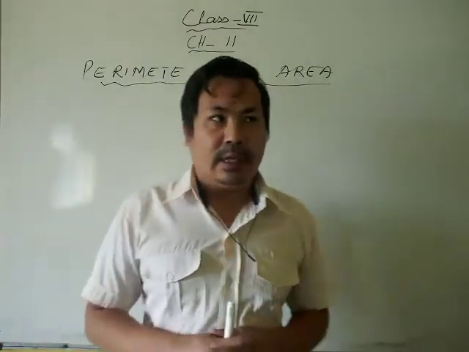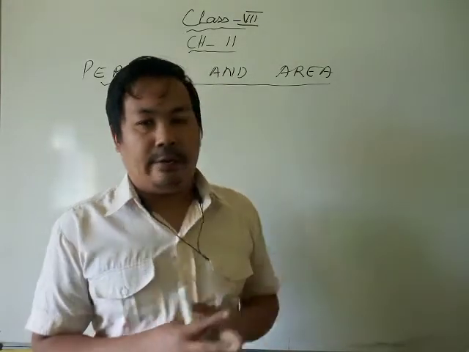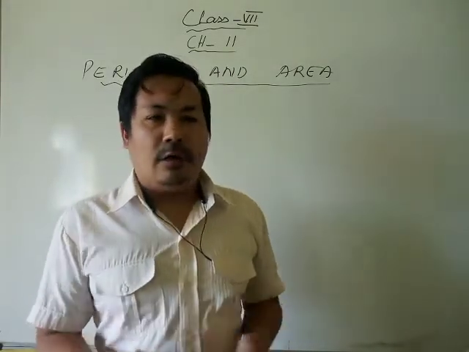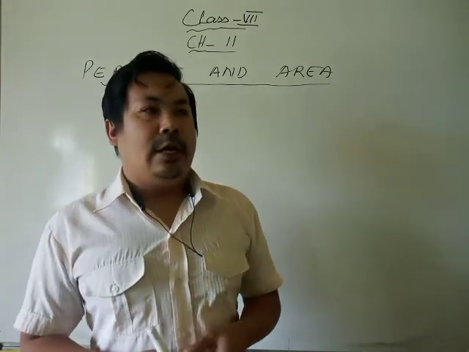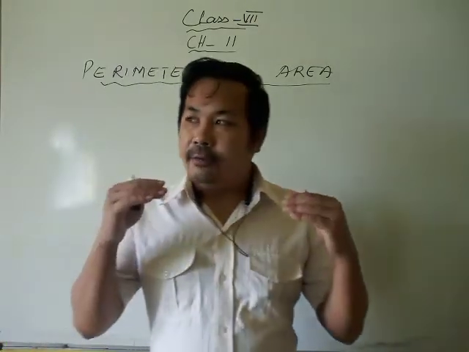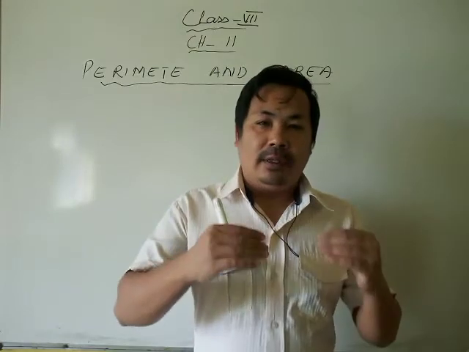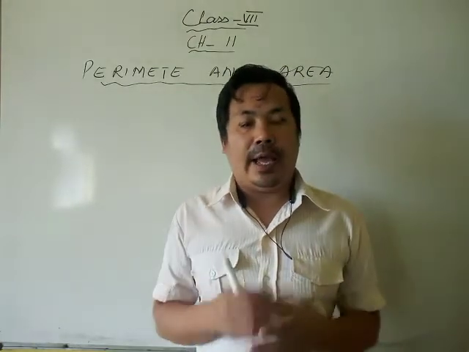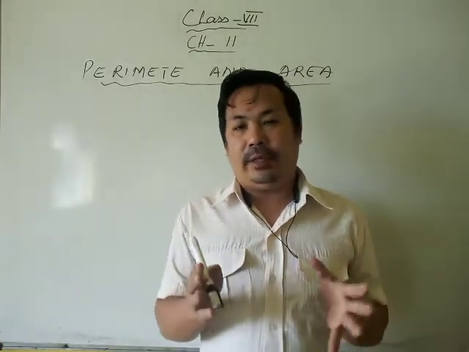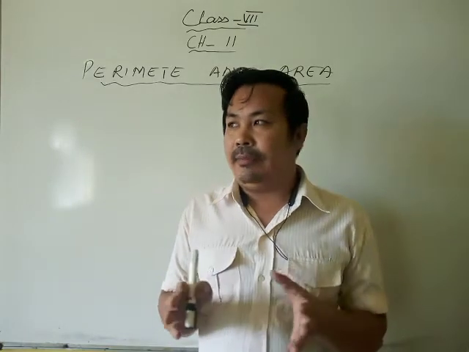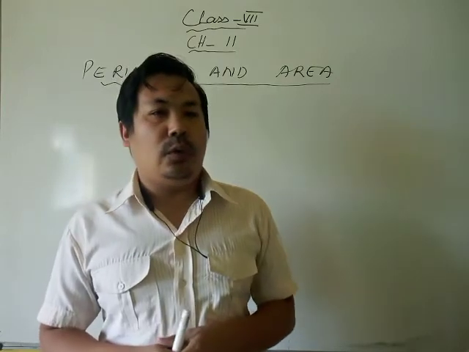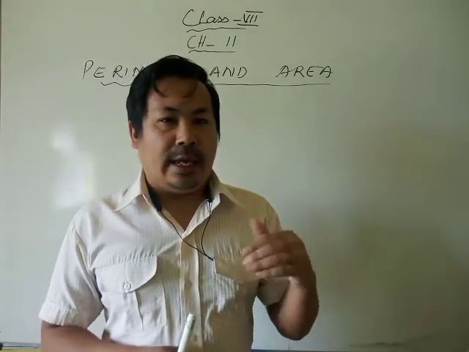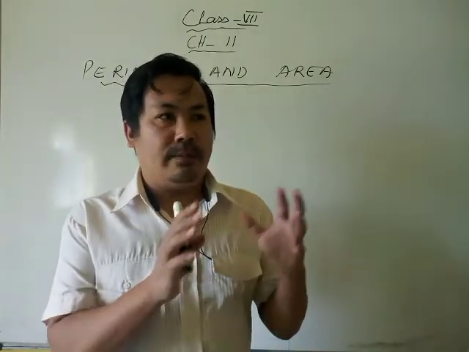My dear students, now you are going to study the perimeter and area. So let us recall those ideas about the perimeter. What is the perimeter of a shape? Any kind of shape you can find on this earth will have its boundary. Any shape that you can see on this earth, you will draw a kind of line which makes the shape.